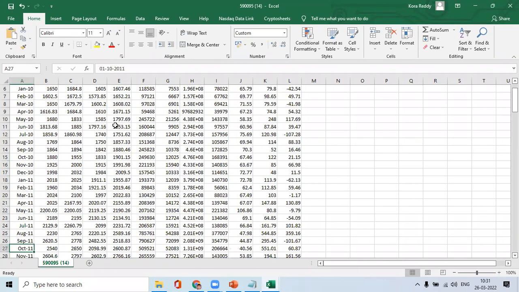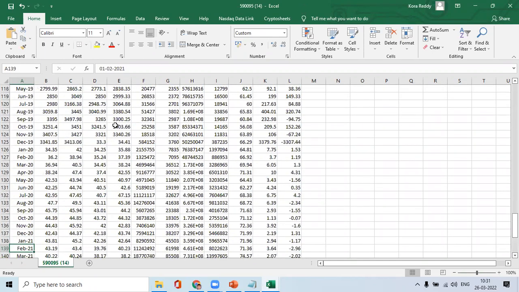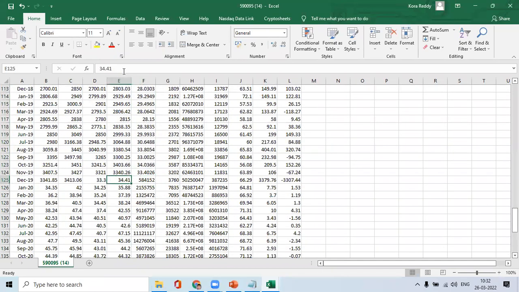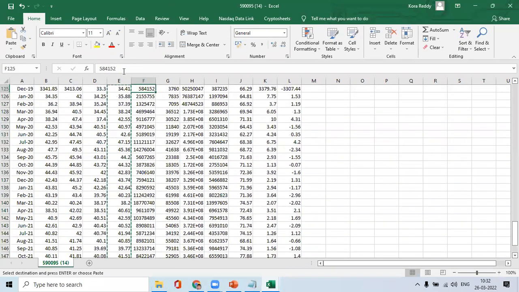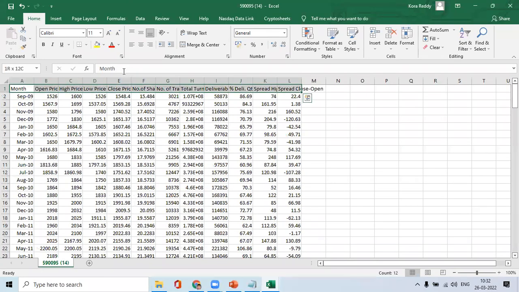Let's see if there is any split. It is 2000, 2000, 2000, and then suddenly it dropped to 30. I think by 100, they have split 100 times. So this is my gold, and I have to flip this.